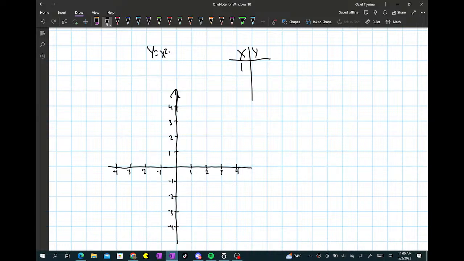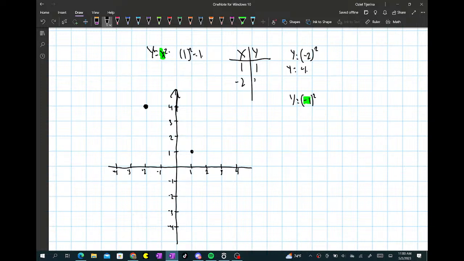When x equals 1, what is y? So 1 squared is 1. So I'm going to plot 1 comma 1. When x equals negative 2, y equals negative 2 quantity squared. Negative 2 quantity squared is 4. So it's right here. And then when x equals negative 1, y equals negative 1 quantity squared. I'm basically plugging in every one of these numbers for x.